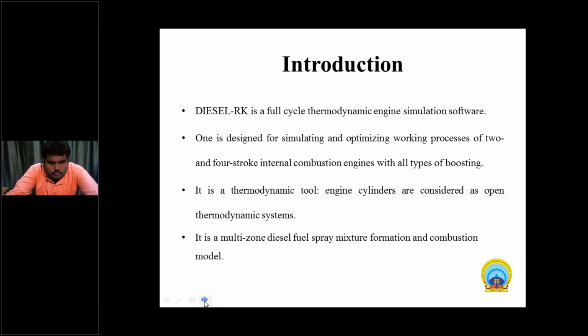So the development of this combustion model for Diesel-RK was incorporated into the existing engine full cycle thermodynamic simulation tool. So basically this is related to our thermodynamic simulation tool.